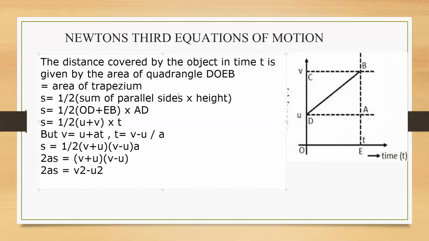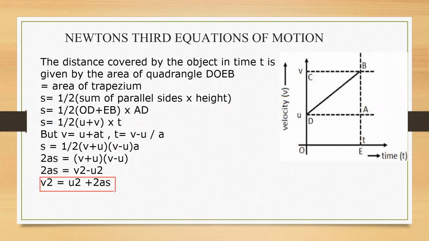Now take U square to the other side and rearrange, and we get V square is equal to U square plus 2AS. This equation is Newton's third equation of motion, which gives the relationship between displacement and velocity.